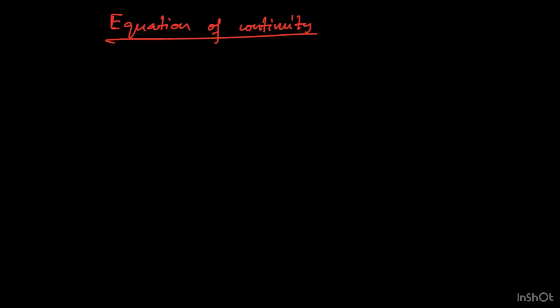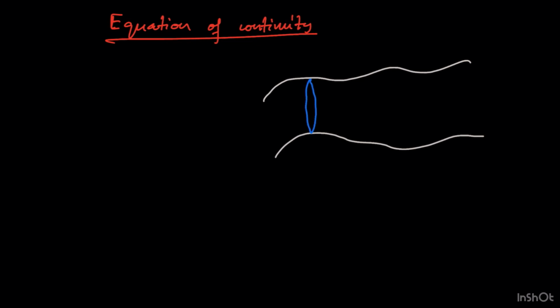Let us say this is a tube, and I am taking any two random cross sections.